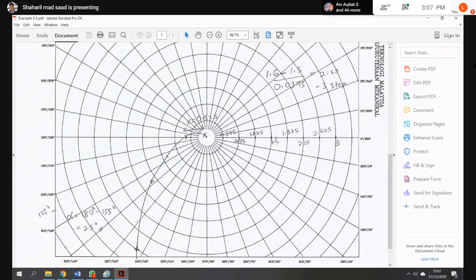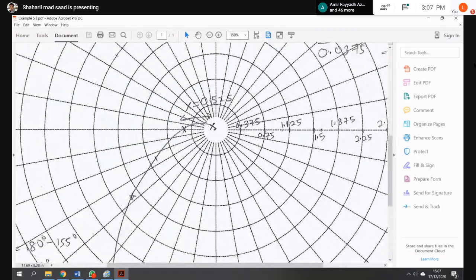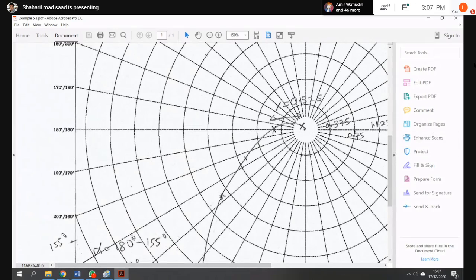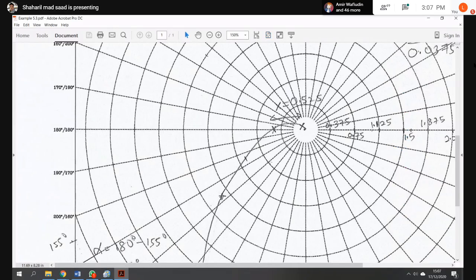If you want to draw, it's a good thing for you. If you don't want to draw, you can look at this concept. Let's say you have drawn your Nyquist diagram and you got it like this. First of all, to find the gain margin, you need to look at the 180 degree angle, this line.